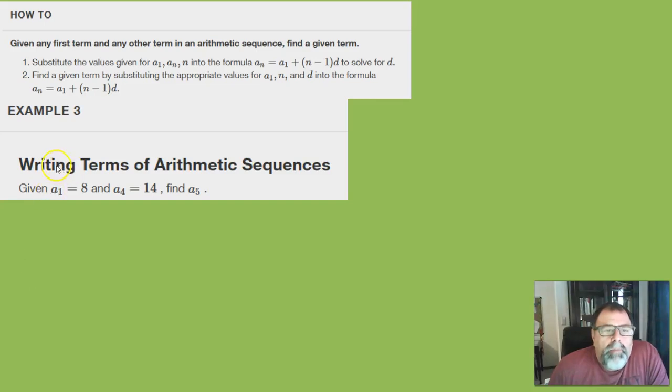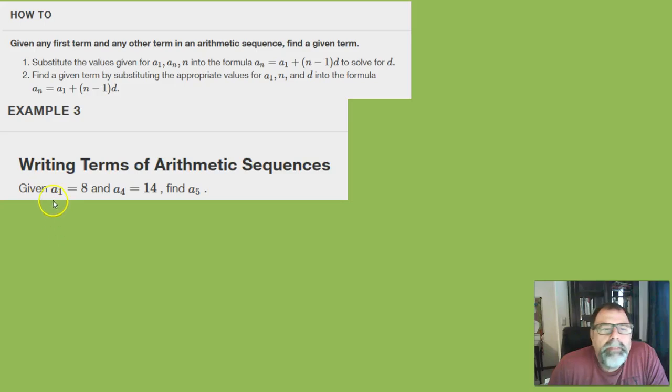All right, example 3, writing terms of arithmetic sequences. Given a sub 1 is 8 and a sub 4 is 14, find a sub 5. Basically we need to figure out what d is so we can get a sub 5. From our general formula for the nth term of an arithmetic sequence, we're going to substitute those values in and solve for d.